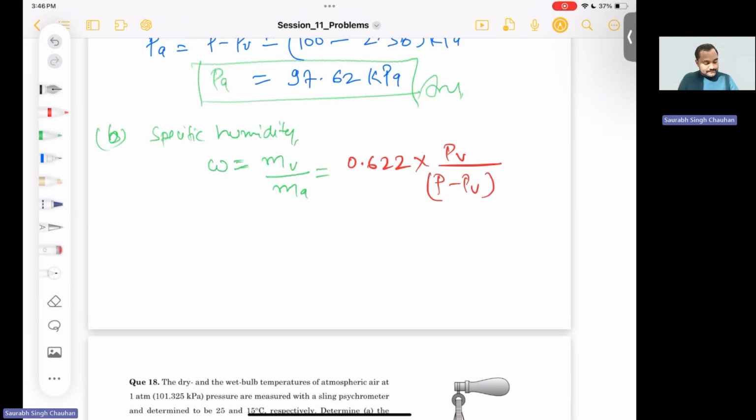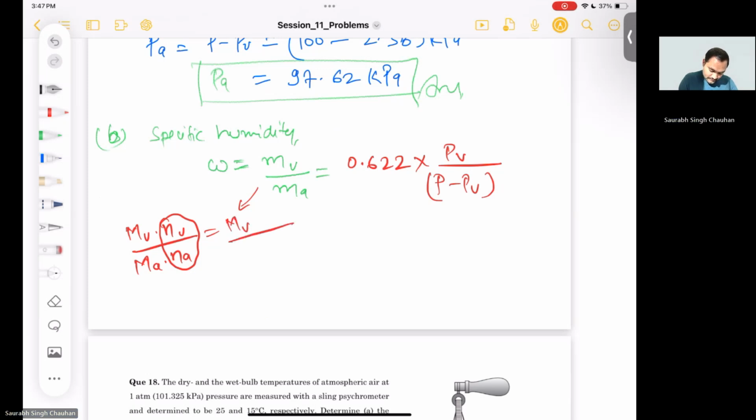So how did it come? It came from the simple relation that mass of water vapor can be written as molar mass of water vapor multiplied by number of moles of water vapor, divided by molar mass of dry air into number of moles of dry air, and instead of the ratio of moles we can use the ratio of pressures.